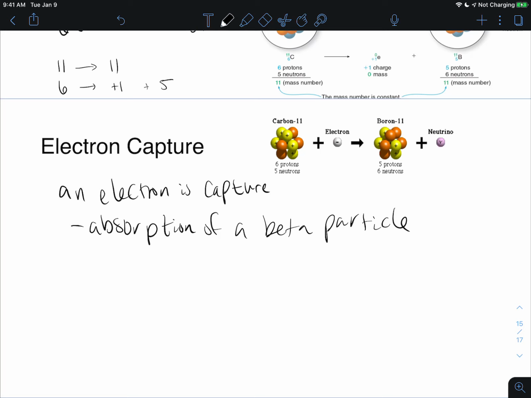For instance, we could have rubidium 81, and it could capture an electron. What happens is one of those protons is going to combine with the electron to produce a neutron. So we're going to go to krypton 81. So our atomic number goes down by 1, and our mass number doesn't change.